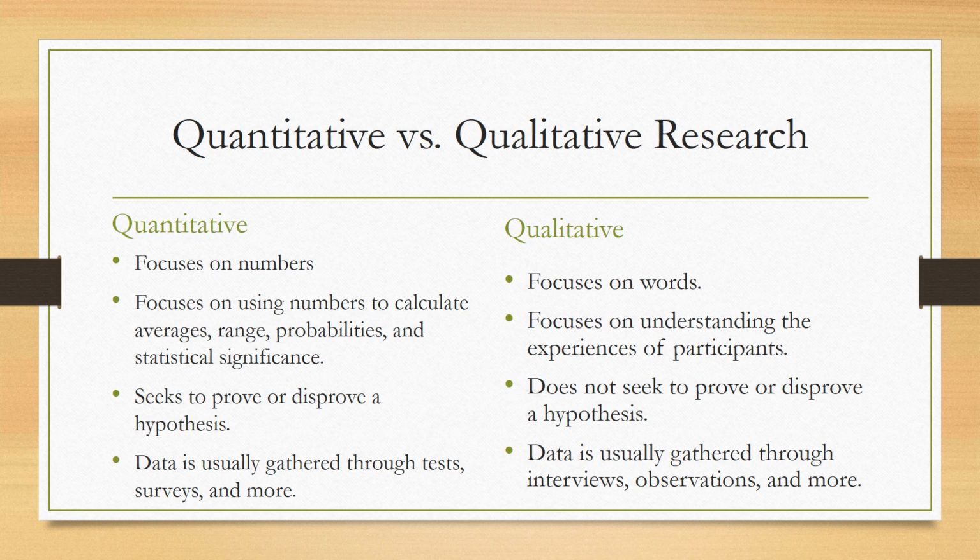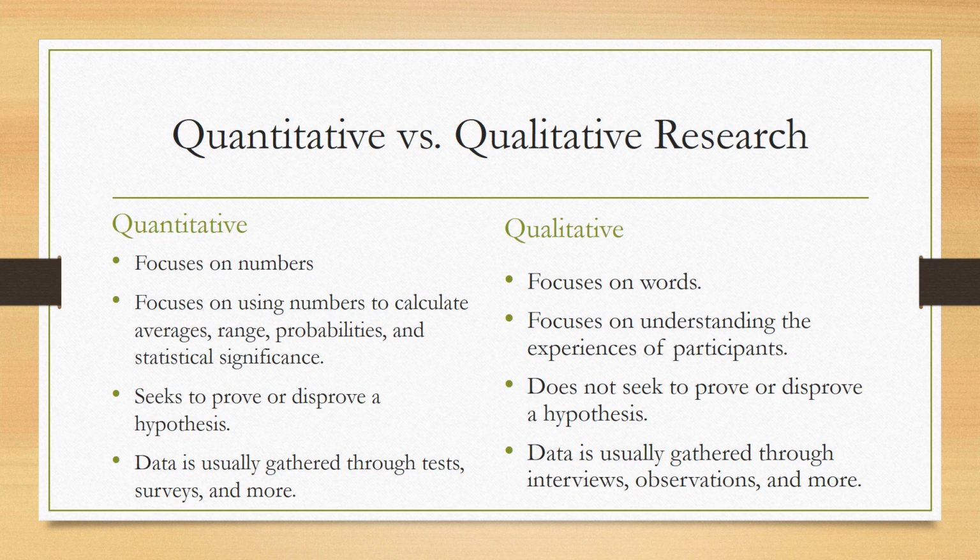Another, you might take an opinion poll survey where you are asked how much you agree or disagree with a series of statements, and the researcher might assign numbers from 1, strongly disagree, to 5, strongly agree. They're collecting numbers to represent your level of agreement. That would be a quantitative study.